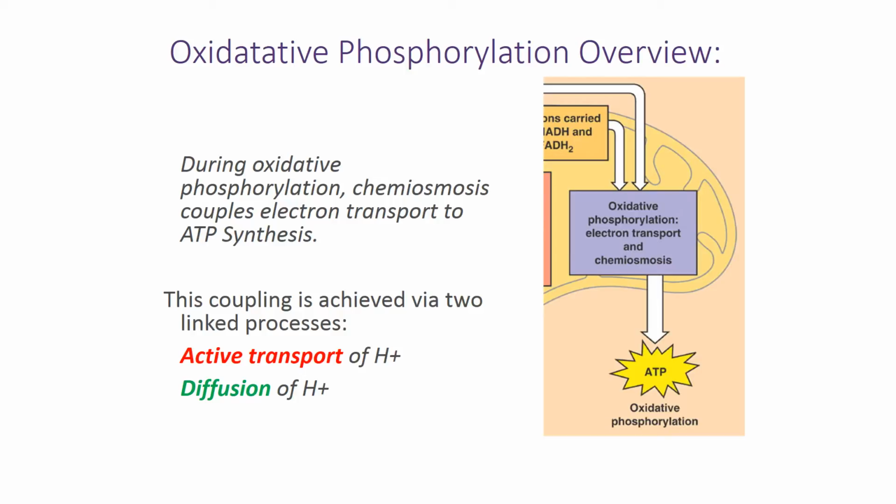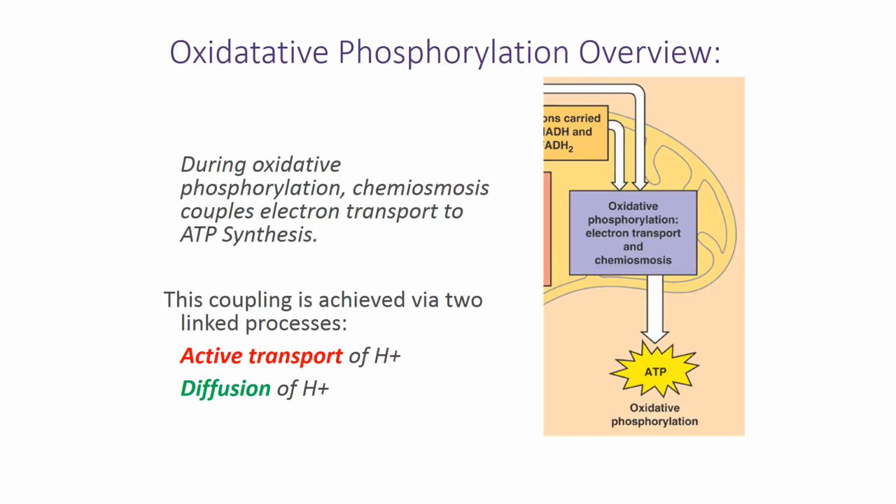And this is where we're going to produce the largest amount of ATP. And once again, what do we have to do? We have to create and maintain a concentration gradient of protons.